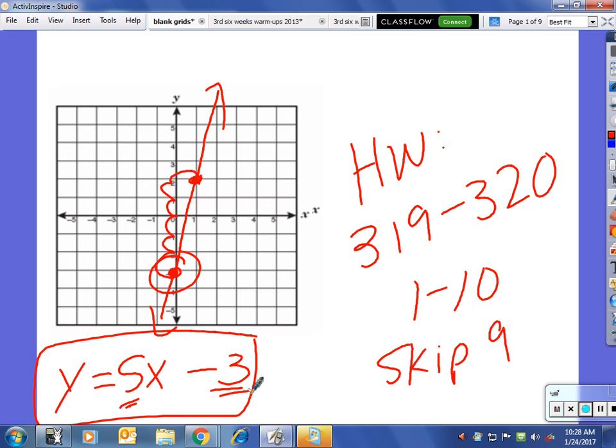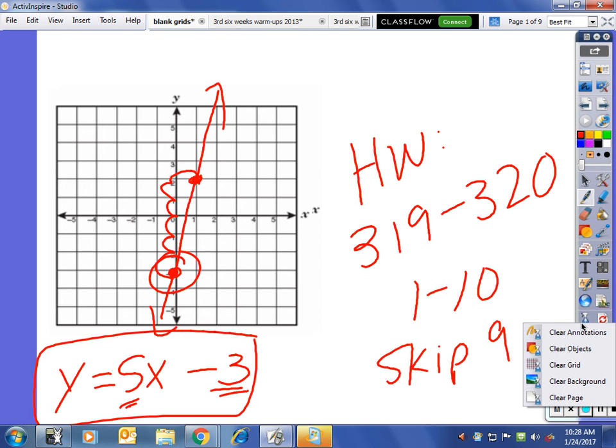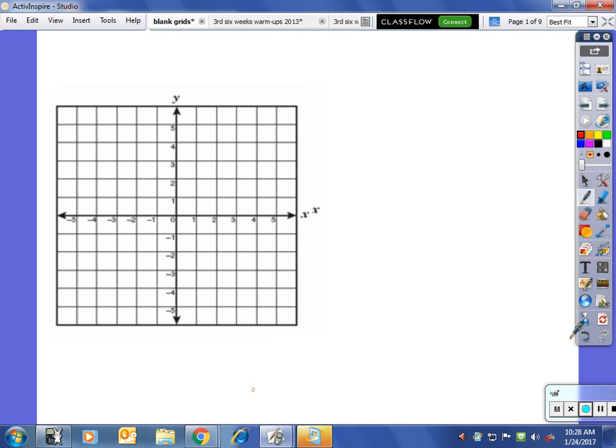Now, real quickly, somebody already figured it out. Look at number 9 and see if you can tell me why I'm letting you skip it. Because the y-intercept is not a nice whole number. Now, we can make a guess, but I'm not even going to make you do that.